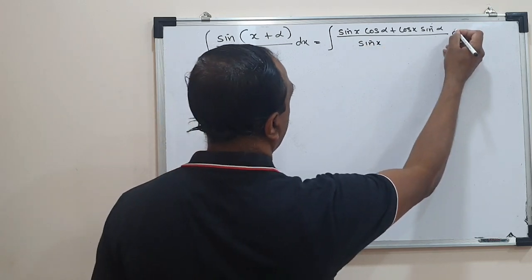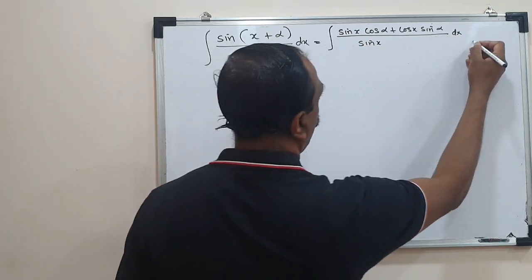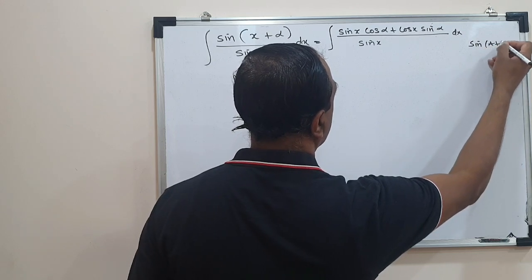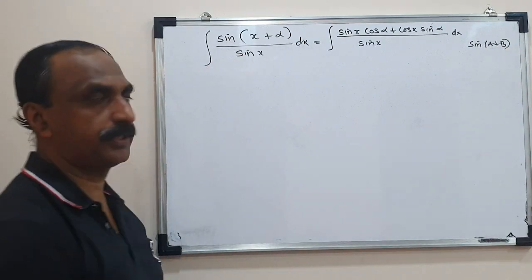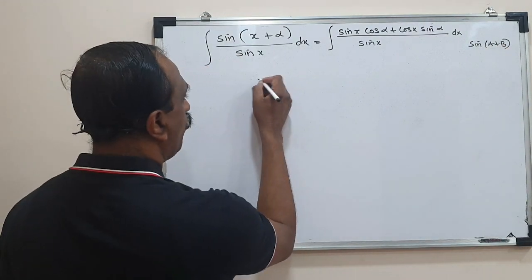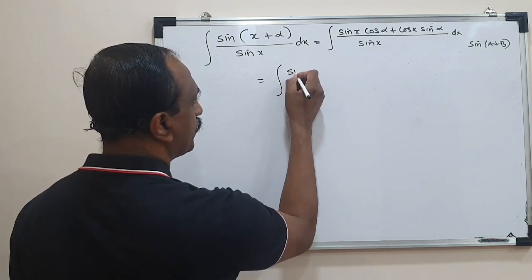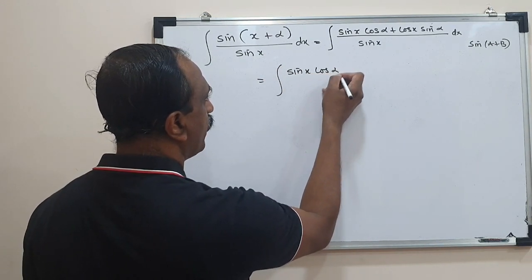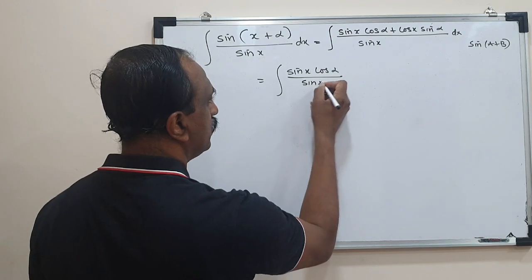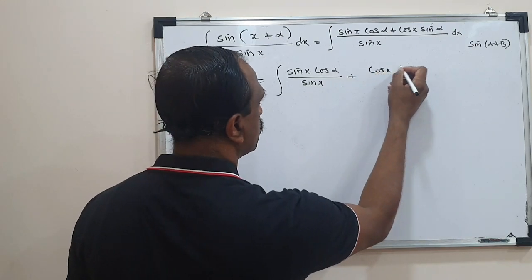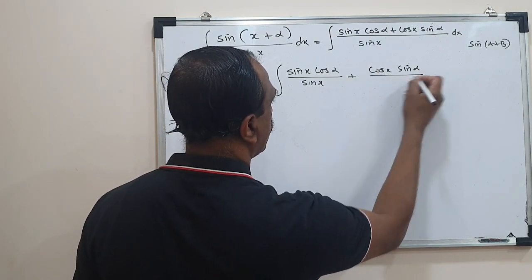Which formula did I apply? I applied sin of a plus b's formula. I'm not explaining it because everybody knows sin of a plus b formula. Now what can I do? I can separate them: sin x cos alpha upon sin x plus cos x sin alpha upon sin x.